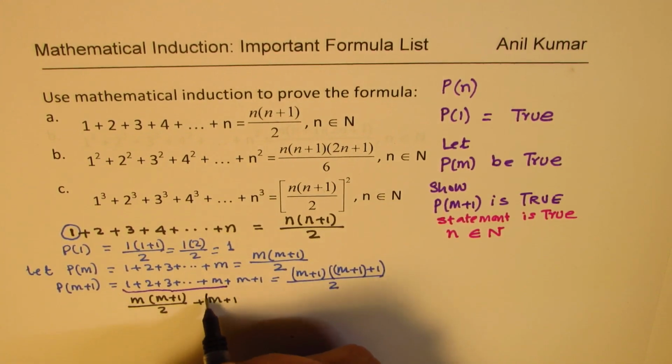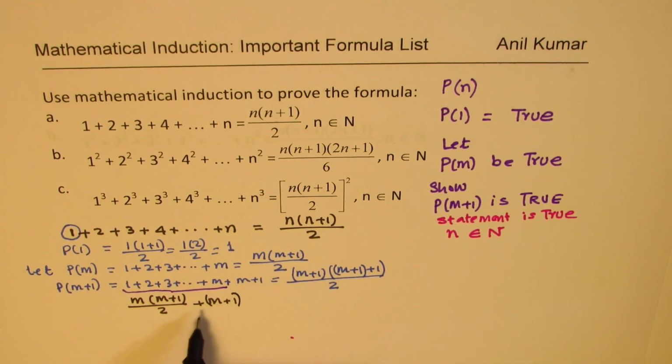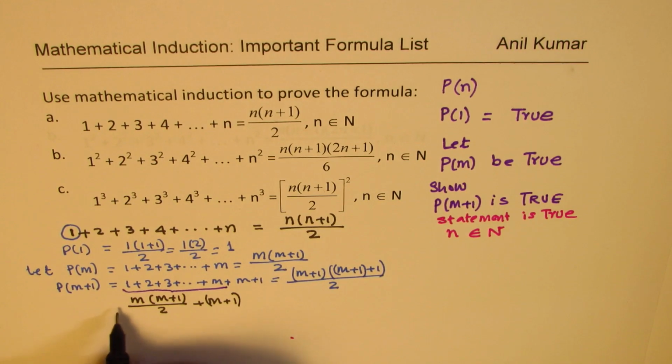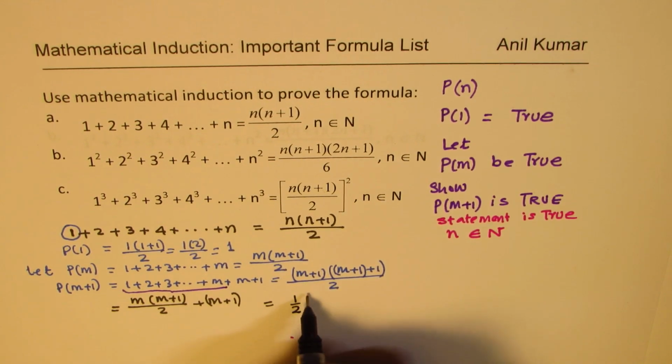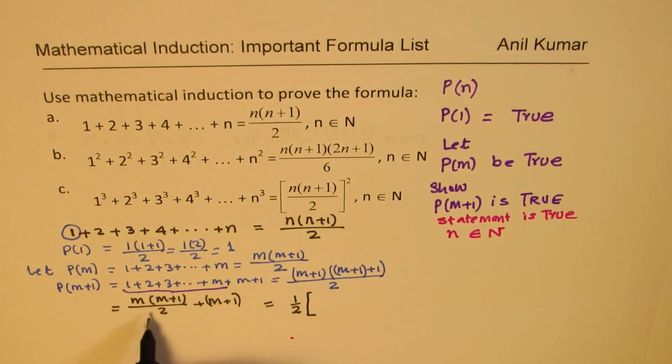Okay, so what we can do here is take m plus 1 common and see what we get. So if I take m plus 1 common, let me go straight this time. Let's take half common here and then simplify. If I take half common, what do I get here?